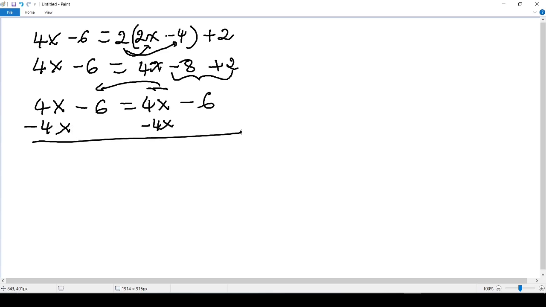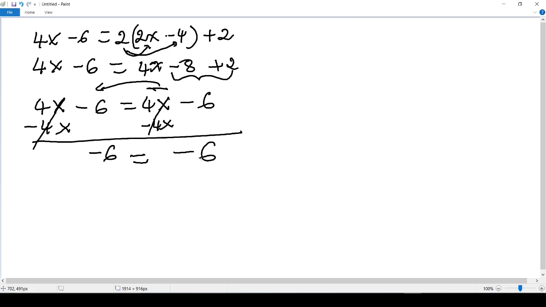And then I will add them. What we see is this negative 4x and 4x cancel. I have negative 6 right there. So I end up having negative 6 equal to negative 6.